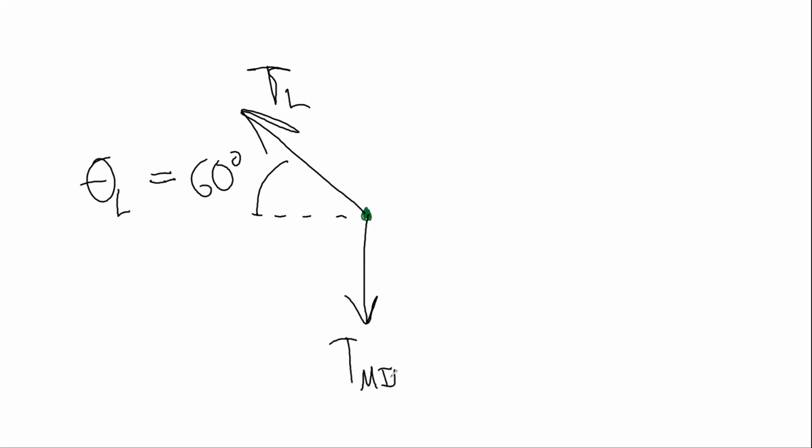Call that my tension from my middle weight. This is my tension from my right set of weights. And that's my unknown angle.